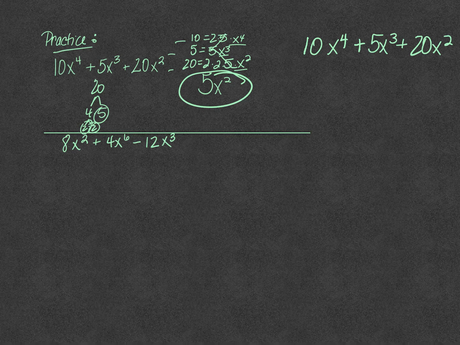So now, I'm going to take 5x squared, and I'm going to divide each term by 5x squared, because that is my greatest common factor. All right?